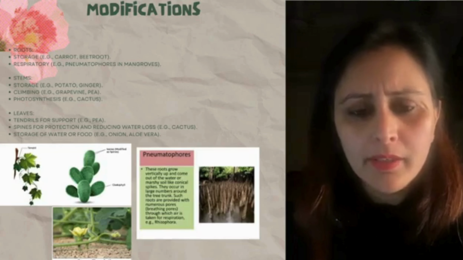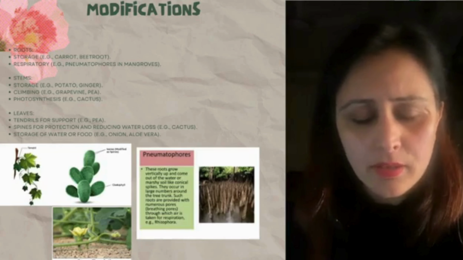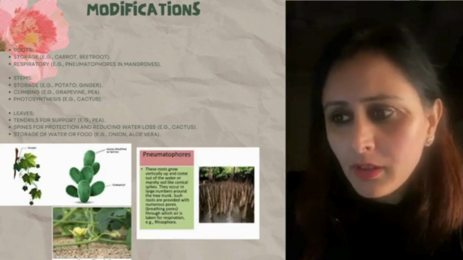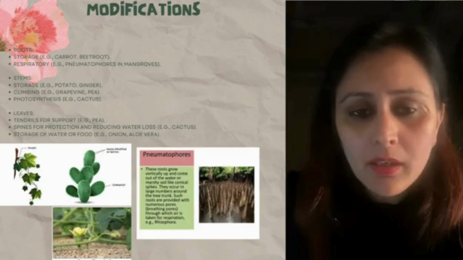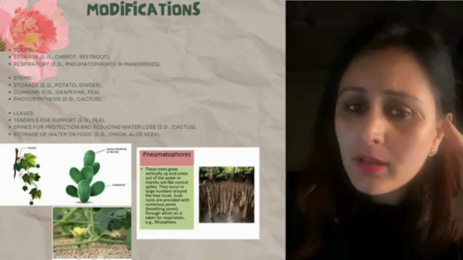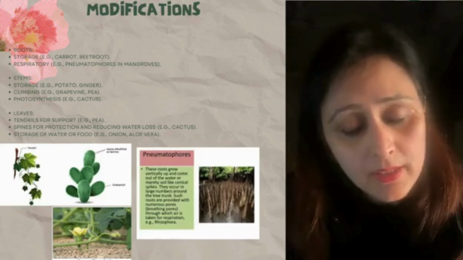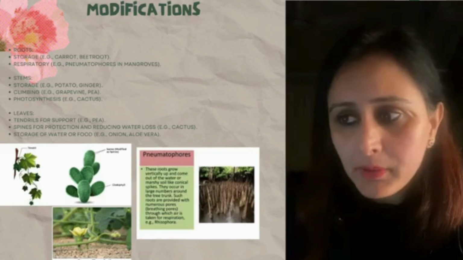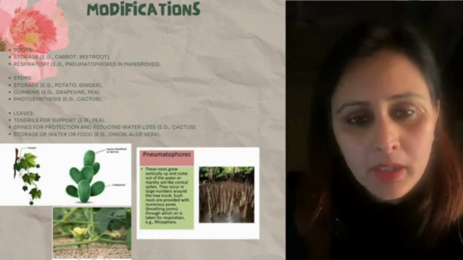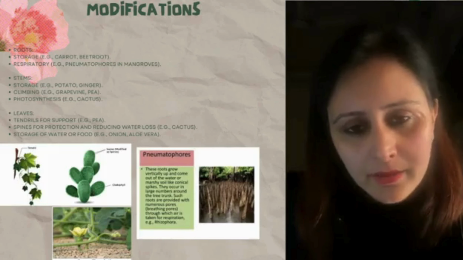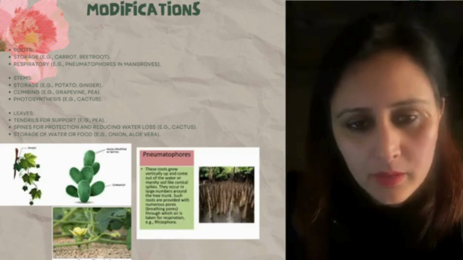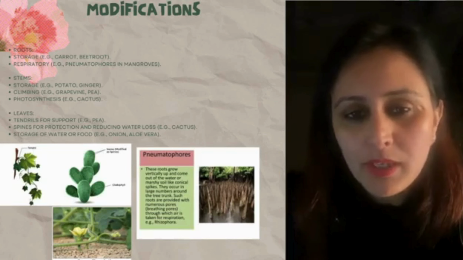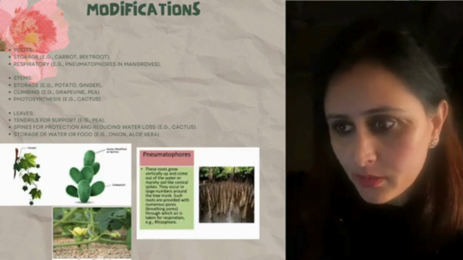in the previous slide, how the cactus has shown the modification, right? Now talking about leaves, the tendrils are present in the stem as well as in leaves. Pea is a good example here. In pea there are tendrils which help them to climb with the help of the support, right?